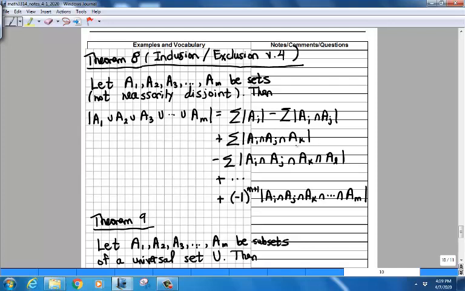Here's what we add back in. We take the intersection of 3 sets at a time, but you have to look at all possible intersections of 3 sets. Take the intersections of 3 of the sets at a time, and add those cardinalities back in.